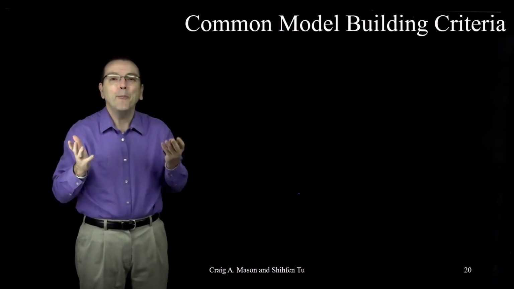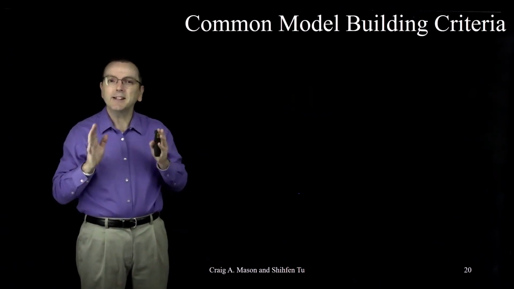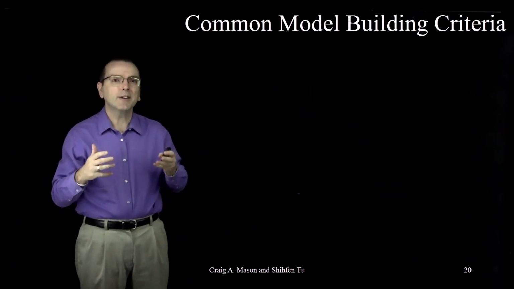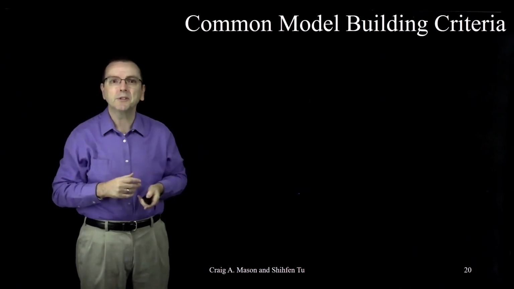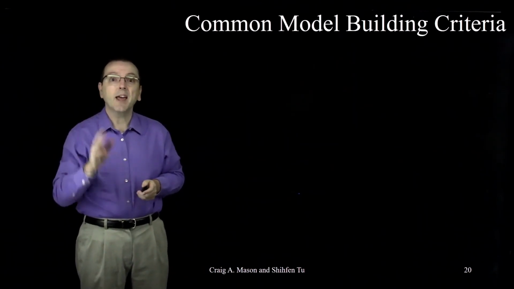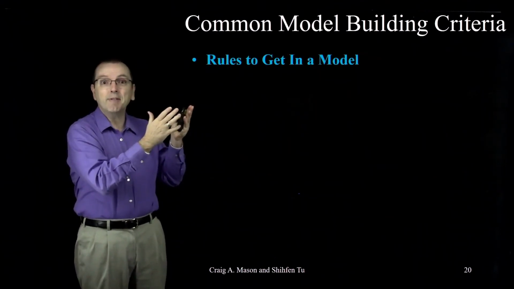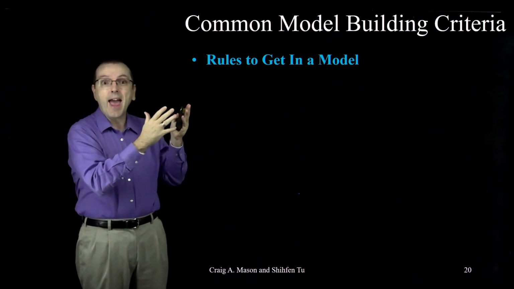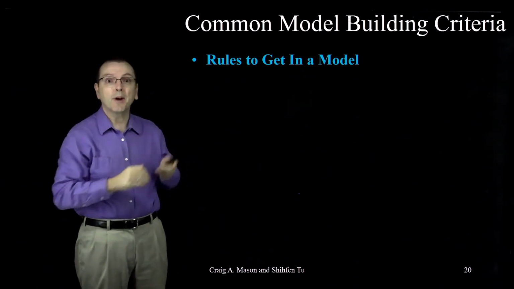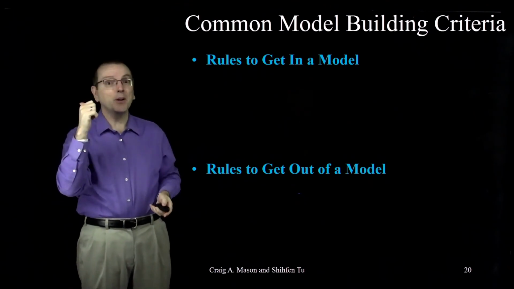So what are these criteria that I keep talking about? Well, as I said, there are different criteria or rules that people use. A common one is based on p-values, and it involves a pair of rules. What does it take for a variable to be added into our regression model? And what does it take to kick a variable out of the model?